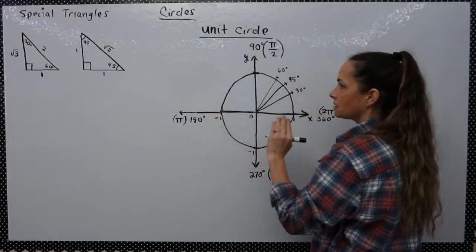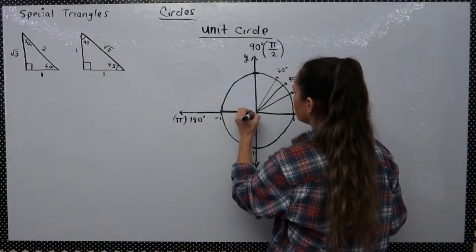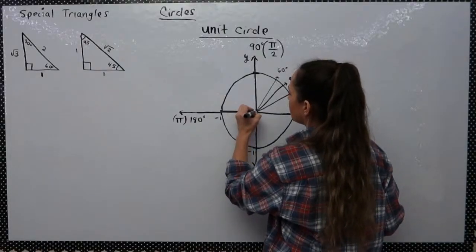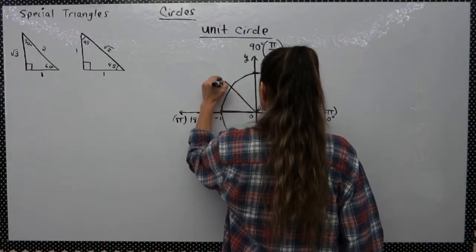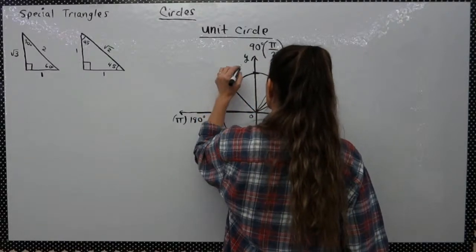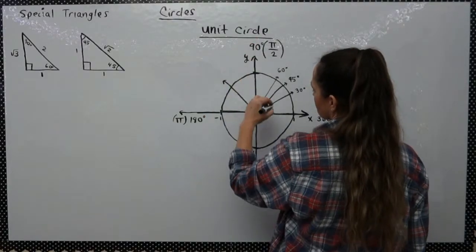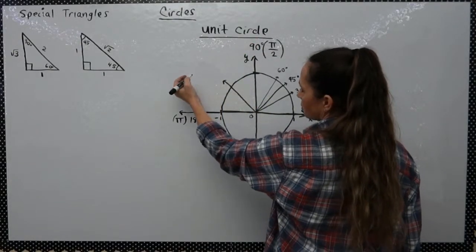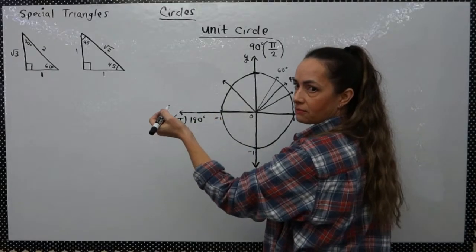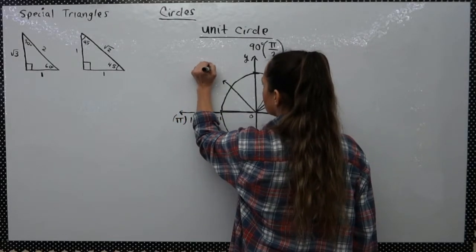So it's almost like it's a symmetrical thing. So I want to try and find 45 degrees here. So that looks about like 45. And then we'll start with the 45 counterpart. What I'm going to do is I'm going to add 45 degrees to 90. So 90 plus 45 is 135.